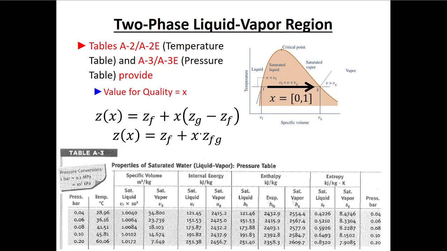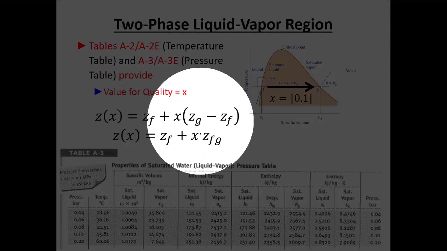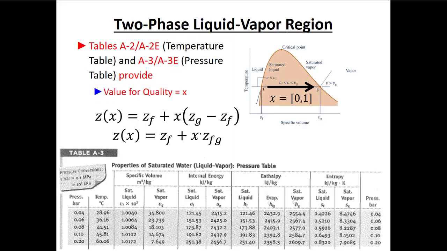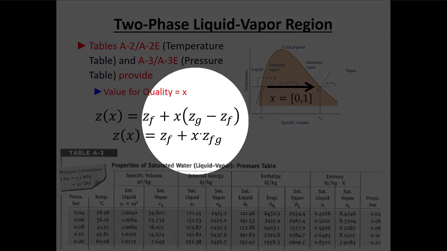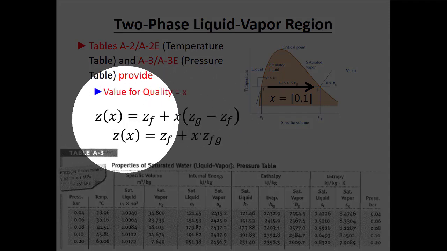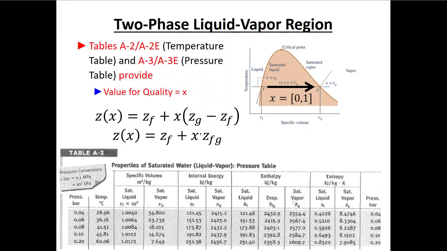Anytime we have a property that's related to quality, we will use this equation. Z is just a stand-in for any type of property that we're interested in. You'll notice this equation always looks the same. The reason I like to do interpolation with these interpolation factors is because that's really all quality is.